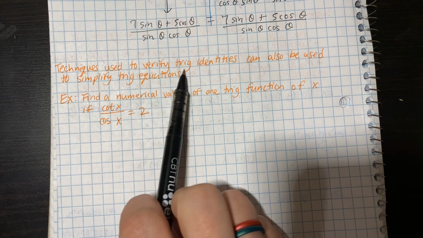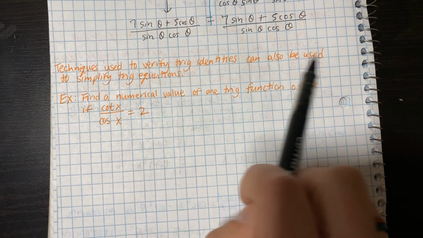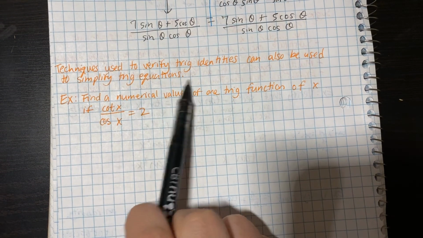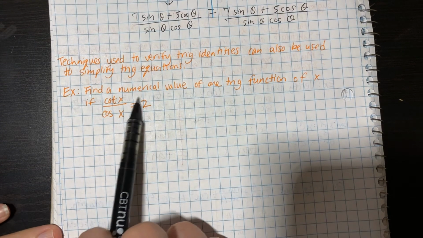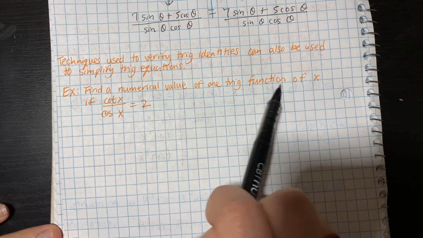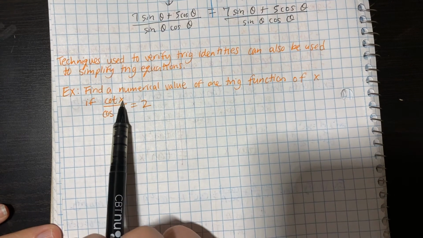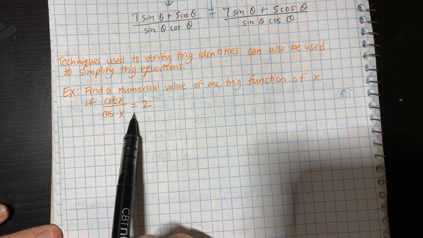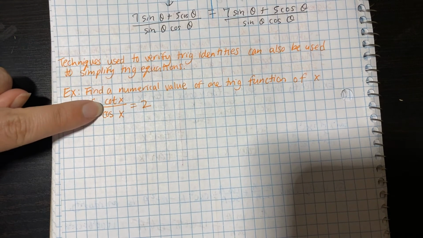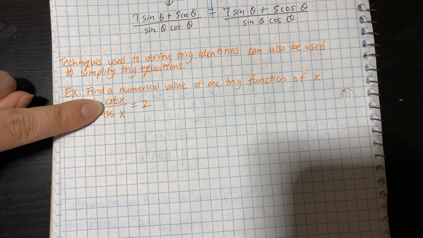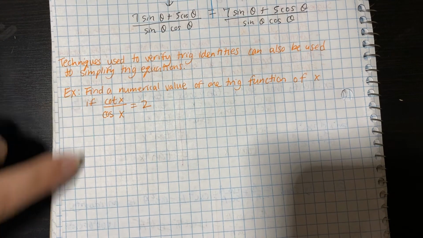Okay, last thing. Techniques used to verify trig identities can also be used to simplify trig equations. So here's an example. Find a numerical value of one trig function of x if cotangent x over cosine of x equals 2. So pretty much we want to manipulate this function so that it's easier for us to solve, right?